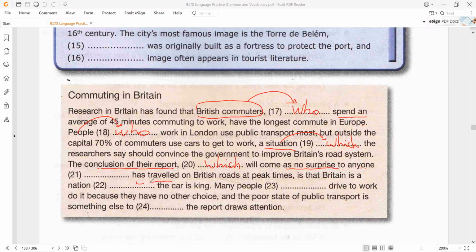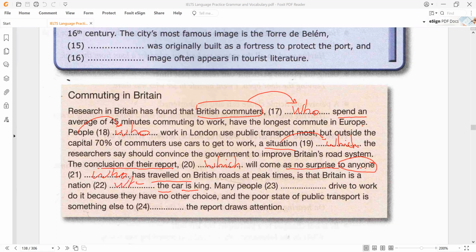Anyone who has traveled on British roads at peak times is that Britain is the nation. Whose? Okay, that car is king.